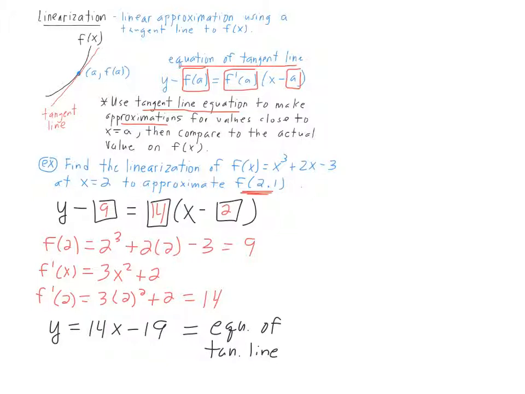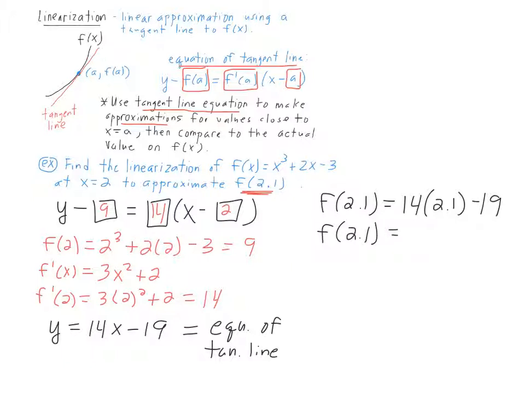So all you're going to do now is if we're trying to find f of 2.1, all we're going to do is replace y with f of 2.1, and we're going to put 2.1 in for x, and then we're going to use our calculator.